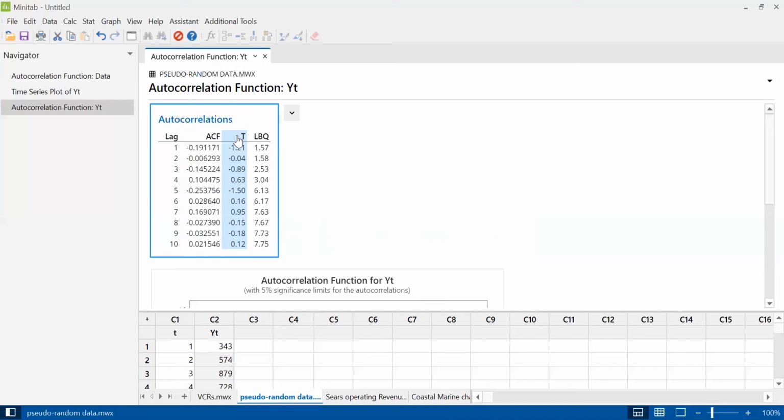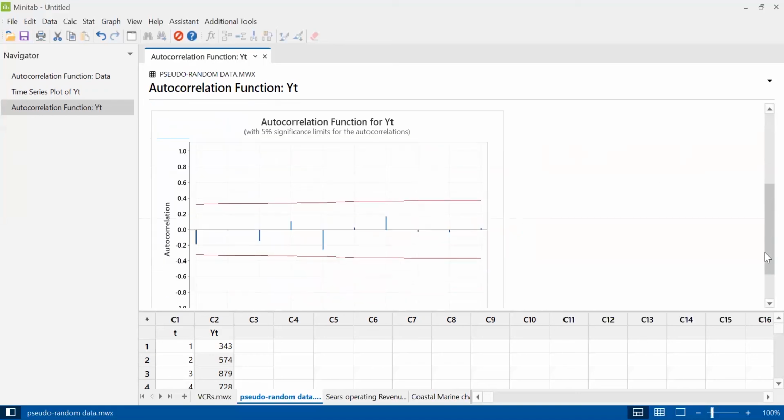The rule of thumb now becomes: if this T is less than negative 2, then we reject the null hypothesis and say the autocorrelation is significant. For example, if it's negative 2.5, then we reject the null and say the autocorrelation is significant. Apparently for our example here, none of the negative T's are less than negative 2, so we can tell right away that none of the autocorrelation coefficients are significant.